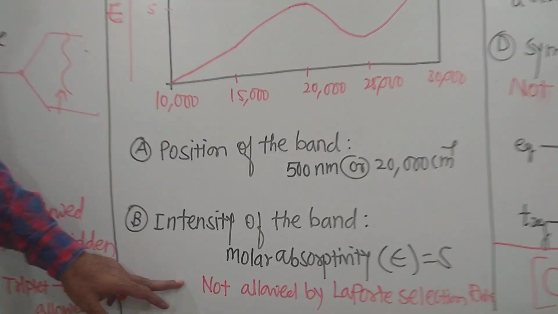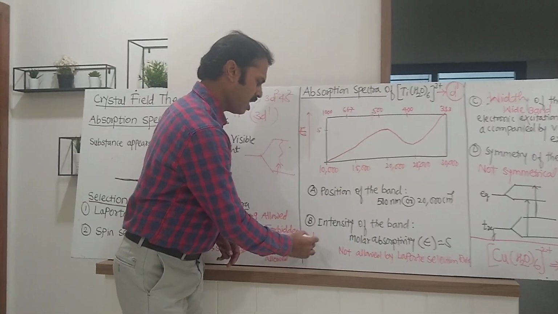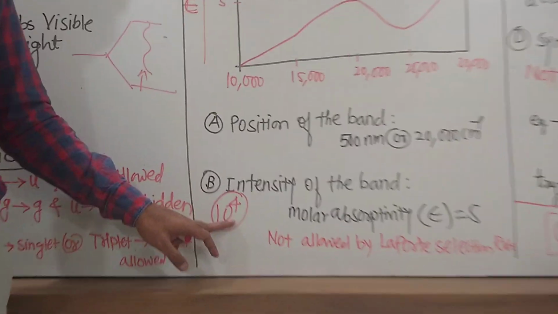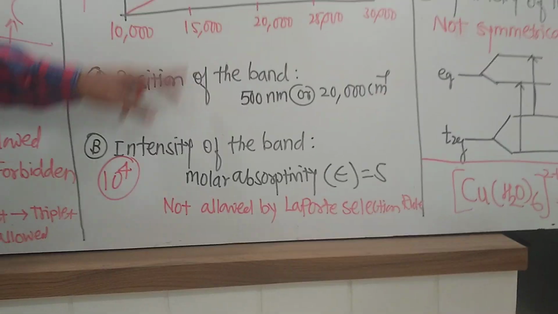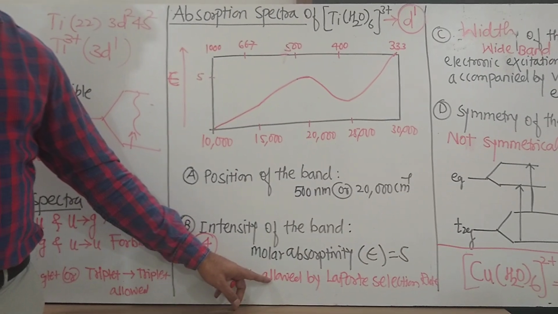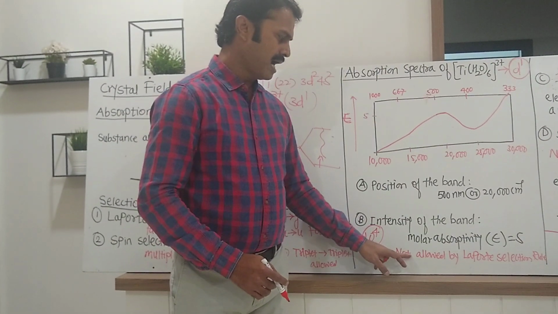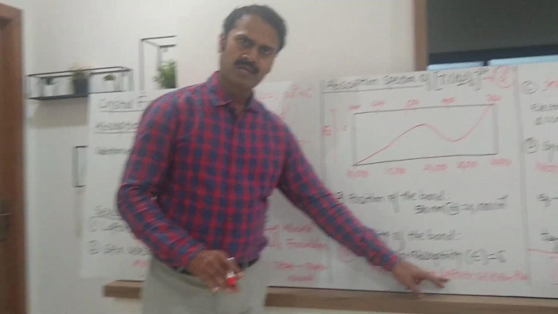Normally, when transition is allowed, the molar absorptivity is in the range of 10^4. But in this case, it is only 5. This indicates that this transition is not allowed. It can be explained by Laporte selection rule.